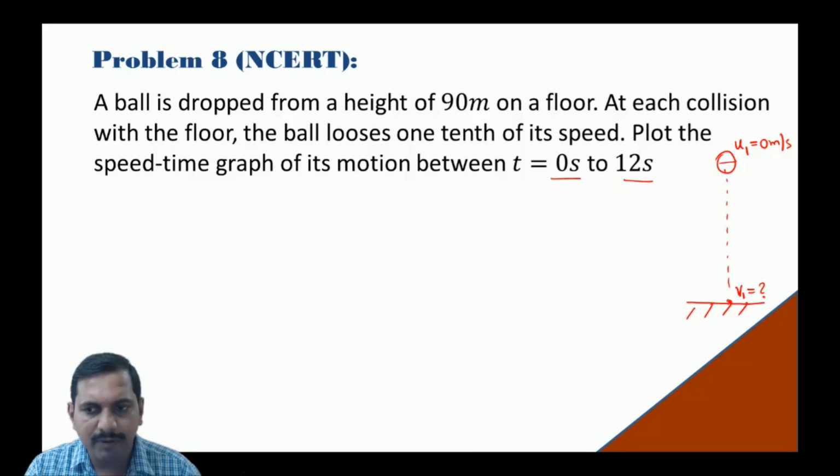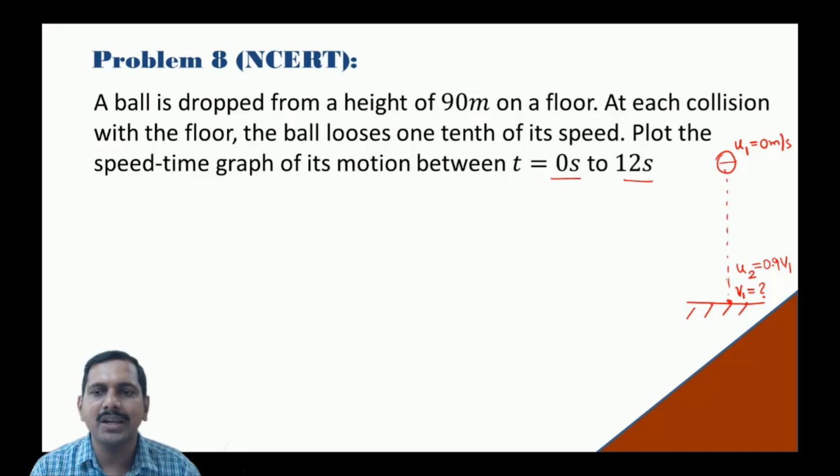But whatever the velocity, once it comes back upwards, it will have another velocity, which we will call u2, the next starting velocity. This u2 will be 0.9 of v1. That is, 10% it loses, meaning if it is 1, 0.1 is lost.